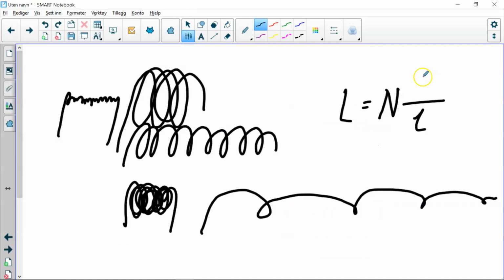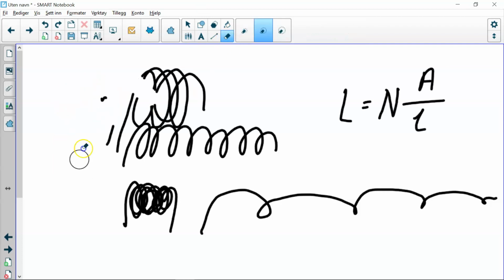In fact, the larger area would help the inductance. The last thing that has an influence on the size of the inductance is if we have something that helps the magnetic field inside the coil.